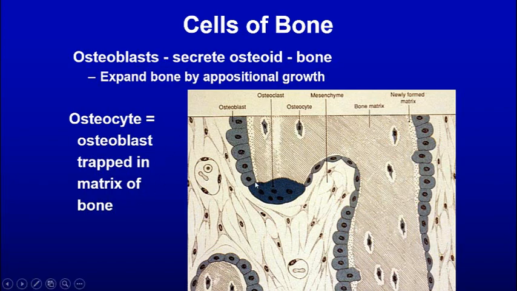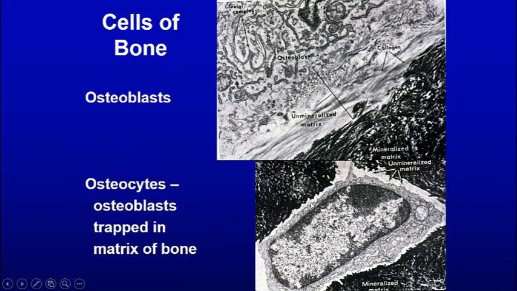So we have the osteoclast that eats bone, the osteoblast that lays down bone, and osteocytes are the cells that are in the lacunae themselves. Mesenchymal cells will differentiate into the osteoblasts that we see there.